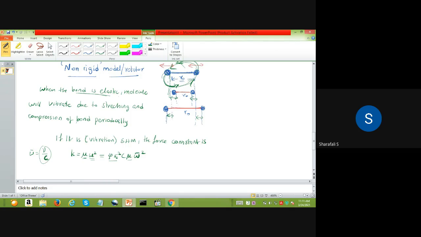If you take omega bar square as nu square by c square, this is nu bar square, so you have to take the square of these things. Then you will get 4 pi square c, nu square. So 4 pi square nu square is omega square. Then you have mu also.